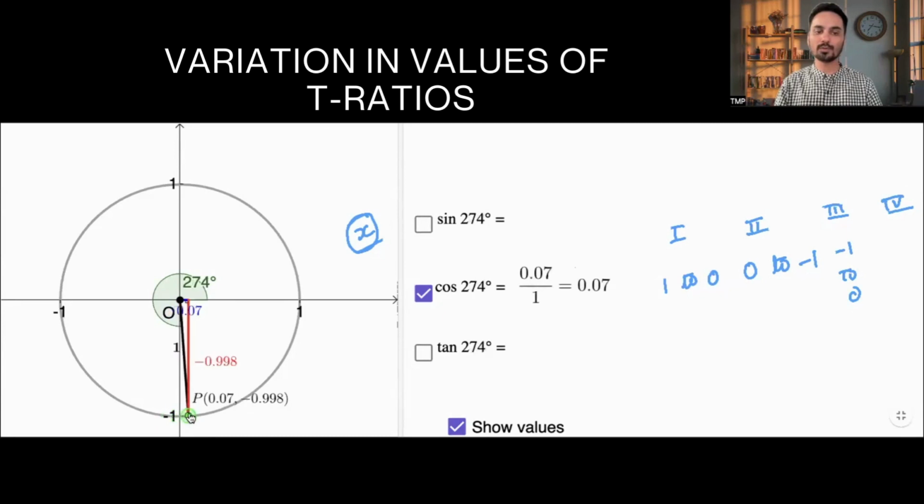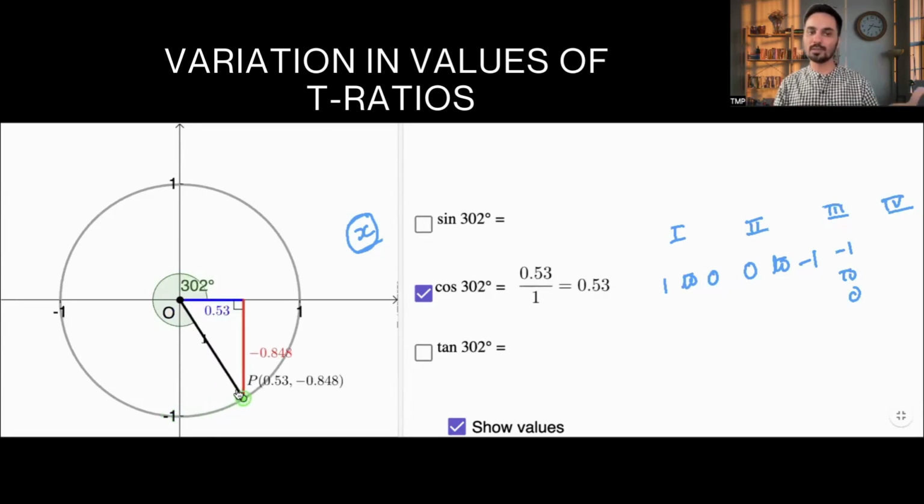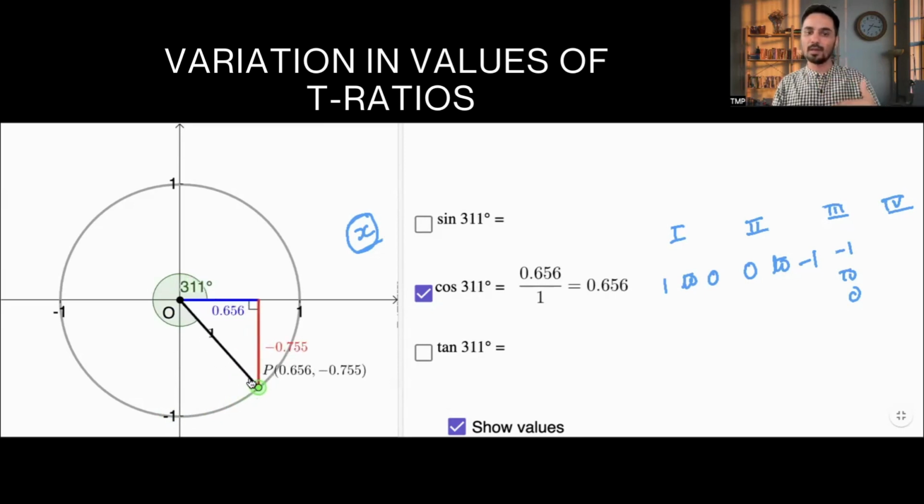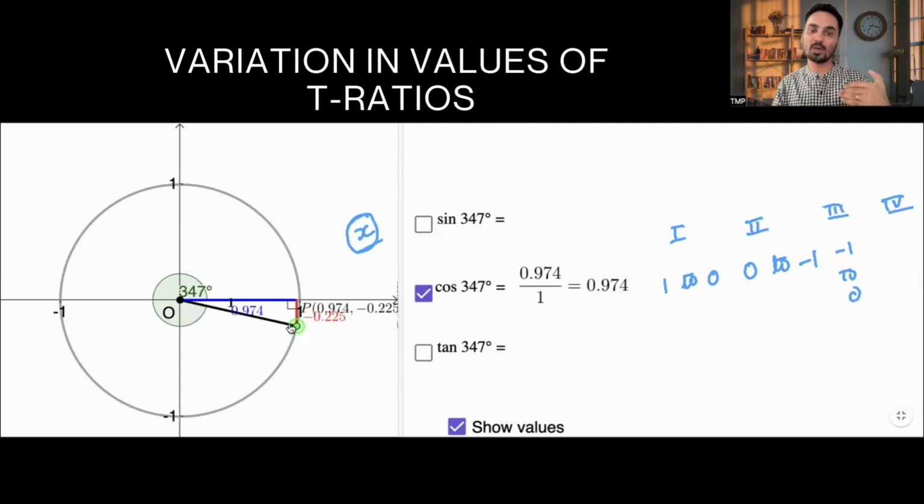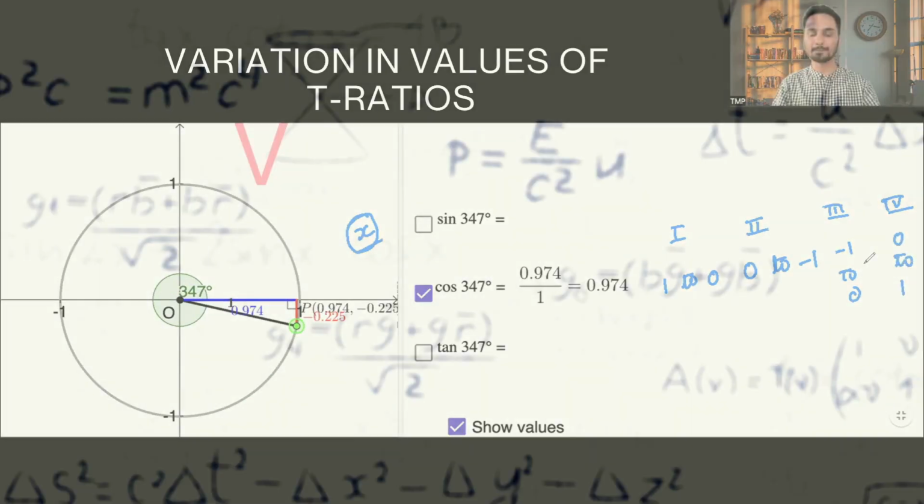And if we move in the fourth quadrant, you'll see that now the value of x is positive, and therefore the value of cos will be positive, and as you are approaching towards 360 degrees, you'll find out that the value of cos is actually increasing from 0 towards 1. So in fourth quadrant, the value of cos changes from 0 to 1.